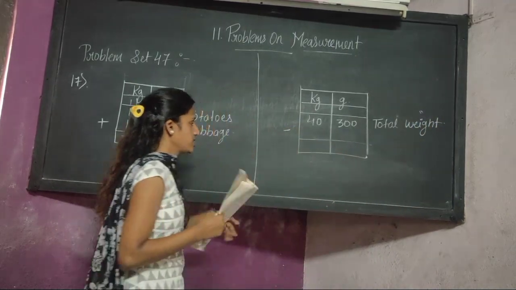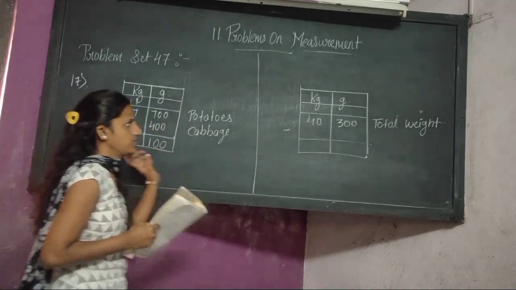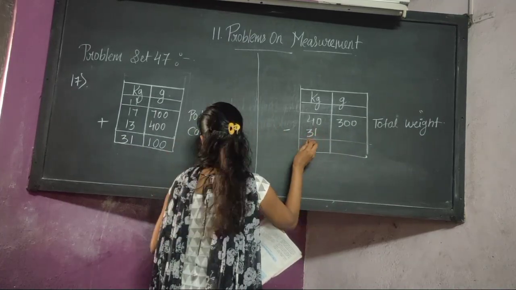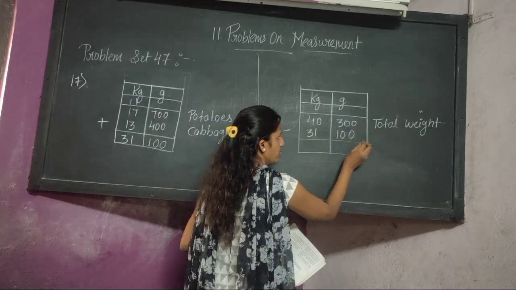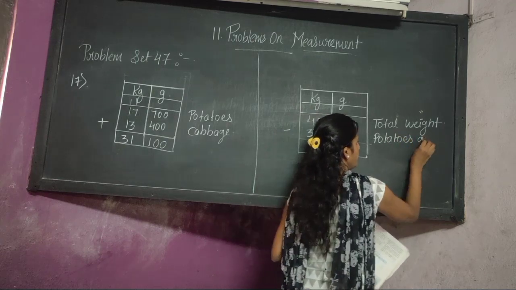Now let's do subtraction. The weight of potatoes and cabbage, that is 31 kg, 100 gram, will be subtracted from the total weight. Now let's do subtraction. This is the potatoes and cabbage weight.